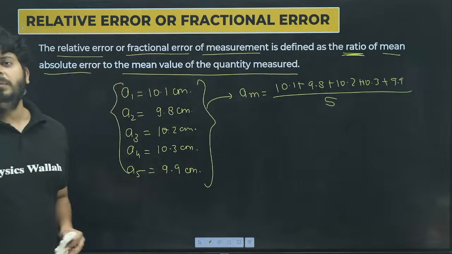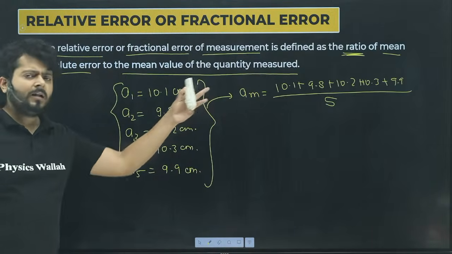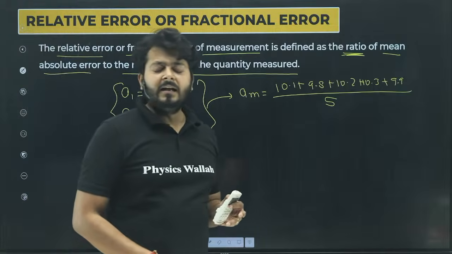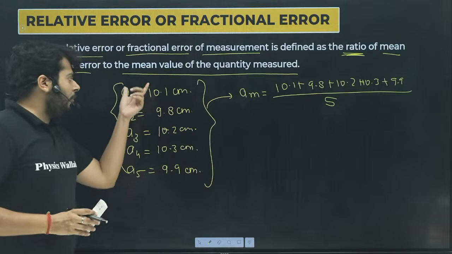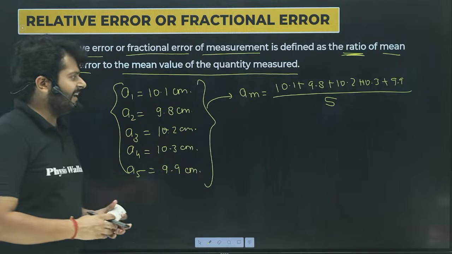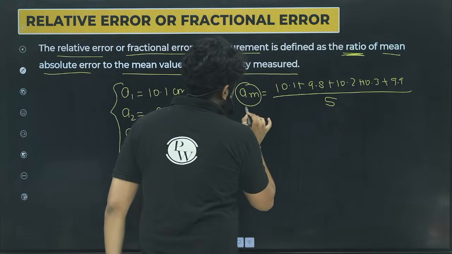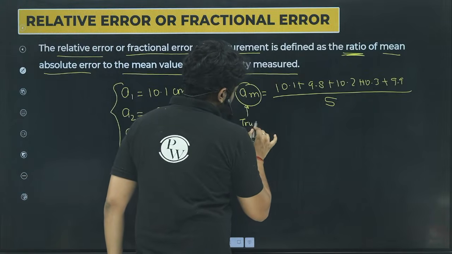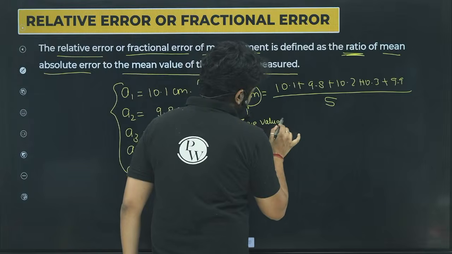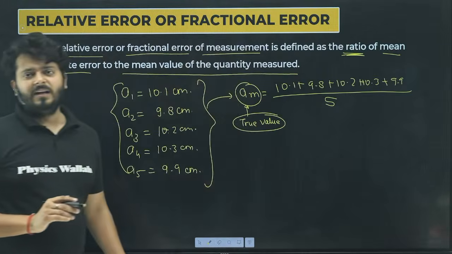That will give you the mean value. It could be around 10.1, 10.2, whatever. The mean of all the measurements is taken as the true value, okay?